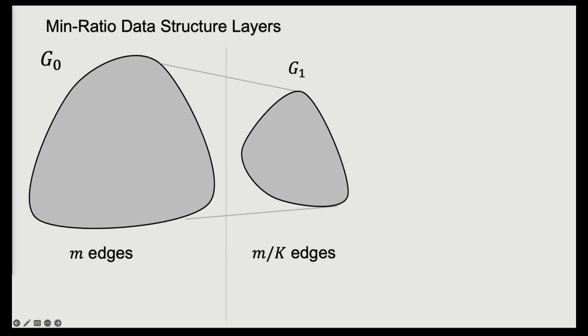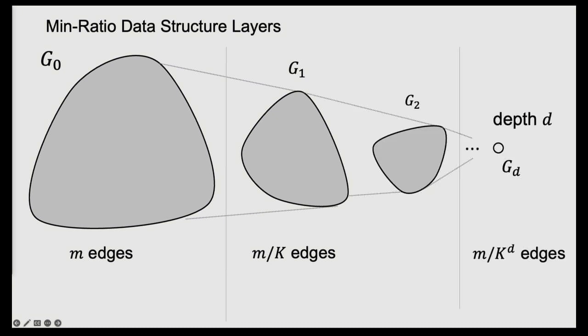Let's forget about the vertex count and just think about the edge count. It's been divided by some k, which is a large number. Now we're just going to keep doing that to some depth d, where G is essentially a single vertex, the level d graph.